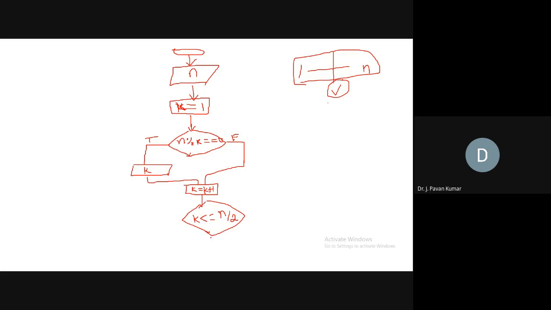So if it is true, we can repeat. We will go here and repeat, that is, we will check n mod k equal to 0 or not. So this process we will repeat. If it is false, what will we do?